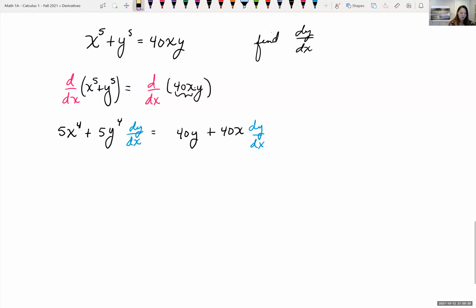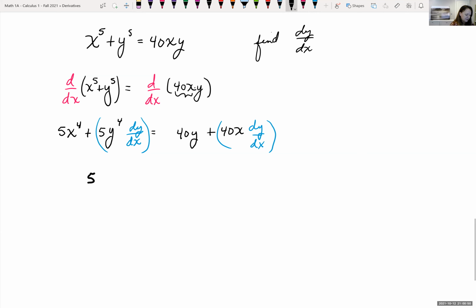And so we want to define what dy dx is. Notice that there's two terms in here that have dy dx, and we're going to want to get those to one side of the equation. Any term that does not have dy dx, we want to get to the other side. So let's subtract 40x dy dx.